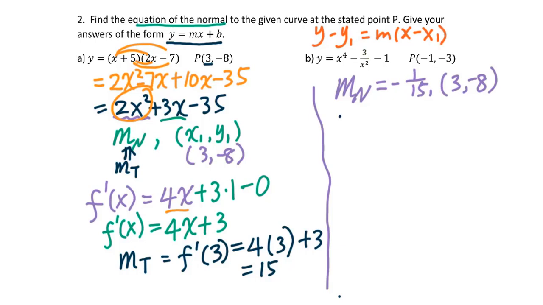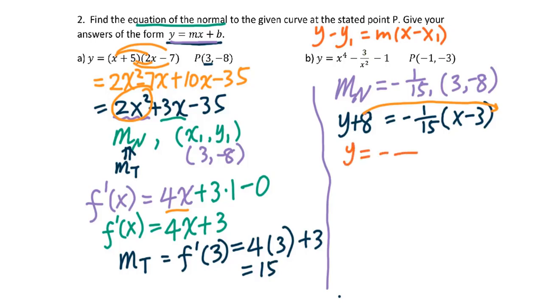Then you will get y plus 8, because minus negative 8 means plus 8, equals negative 1 over 15 times x minus 3. Since I'm looking for y equals mx plus b form, cross this 8 to the other side. You will get y equals negative 1 over 15 times x minus 3, minus 8.